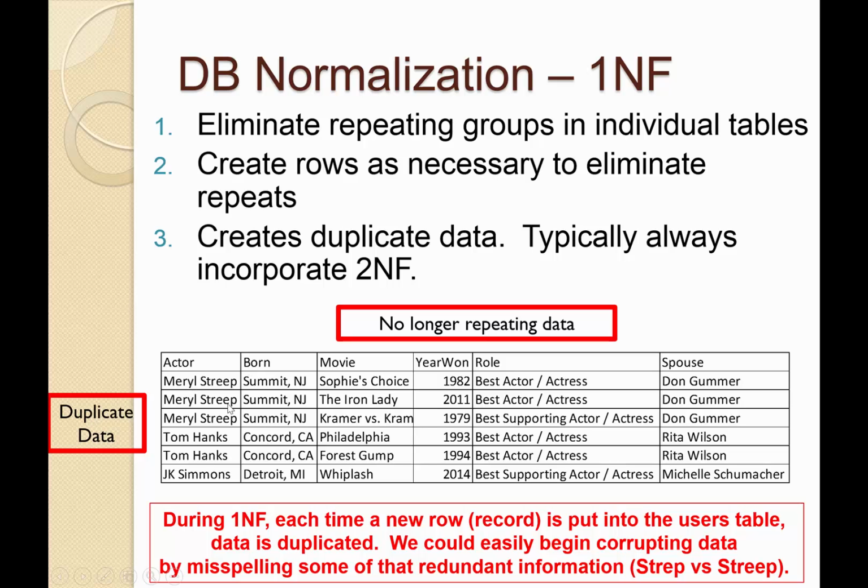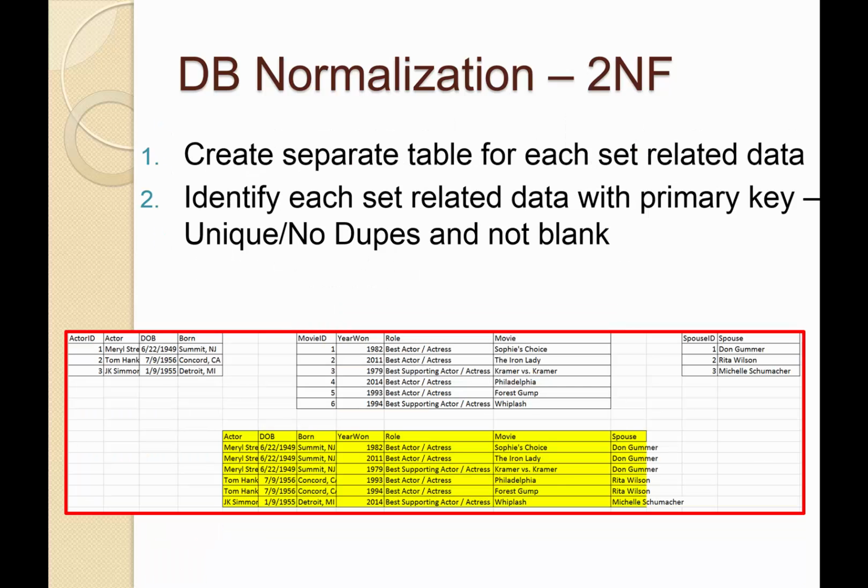So anytime you put a table into first normal form, you're typically always going to be taking it into second normal form, which forces you into third normal form. So let's talk about those right now.